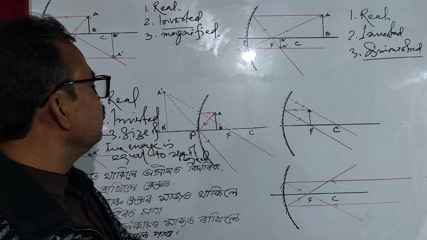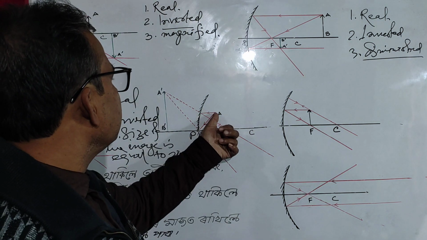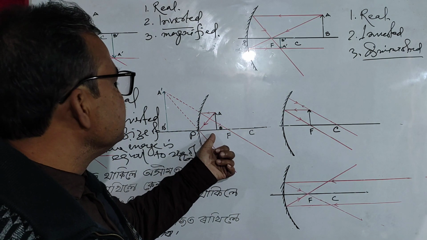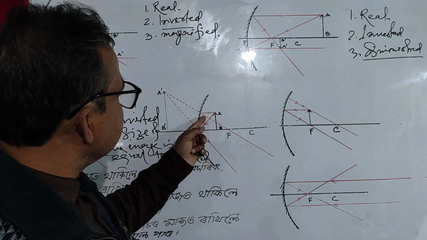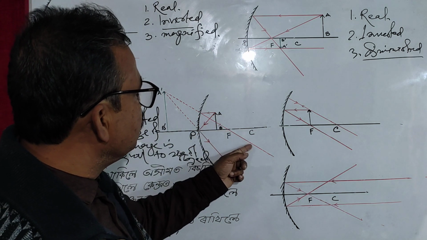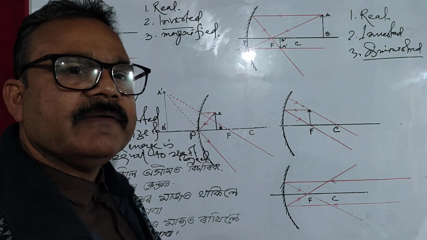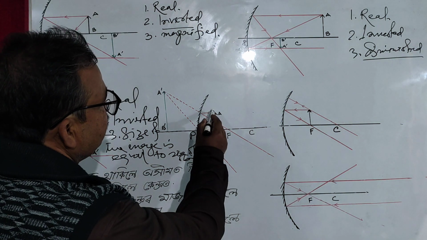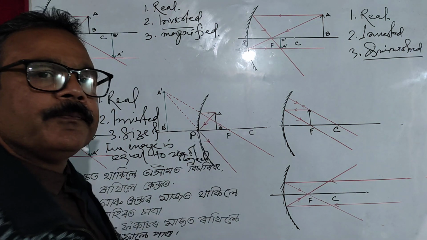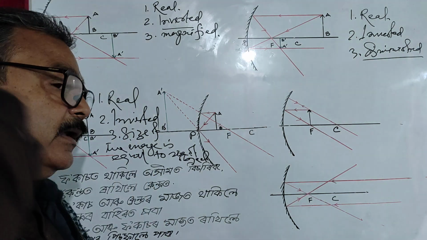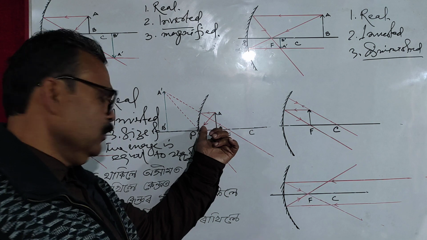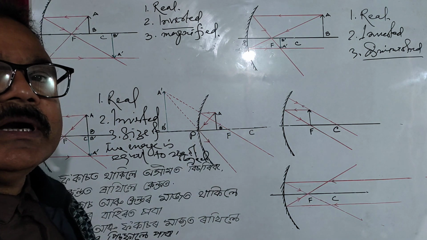This is the object. I am taking one ray which is parallel to the principal axis, so definitely this ray will pass through the focus after reflection. Another ray I am taking to the pole. Here you again think about the angle of incidence and angle of reflection.